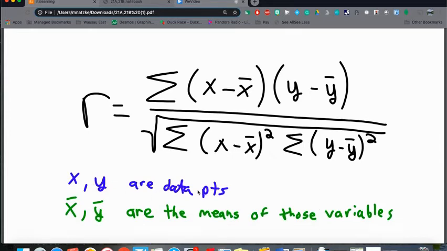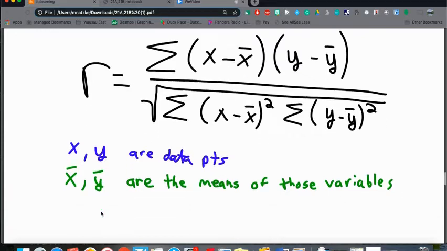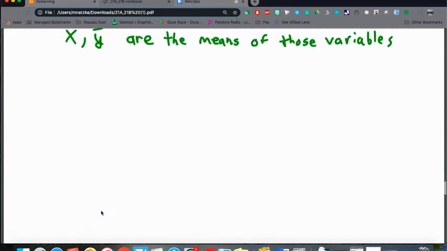So x and y are your original data points, and x bar and y bar are the means of those variables. So the first step is to find the mean of your x list and your y list. Here's an example of that.